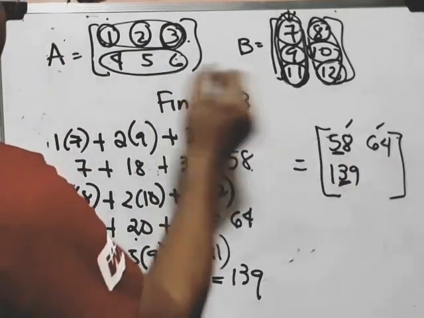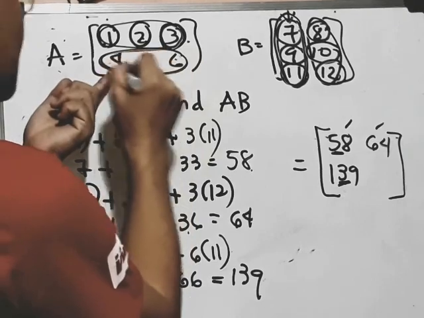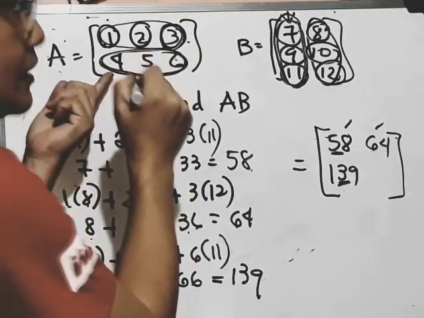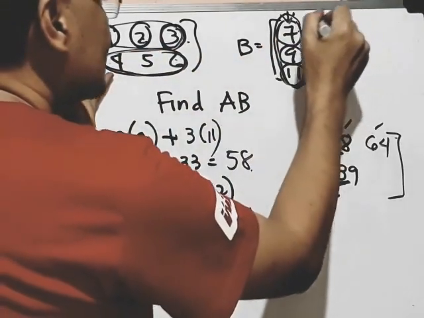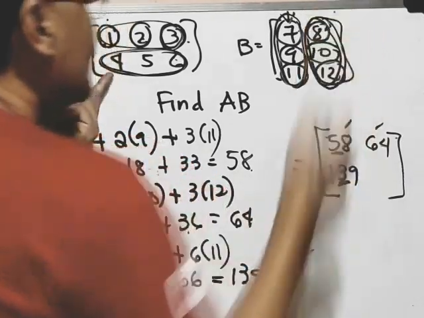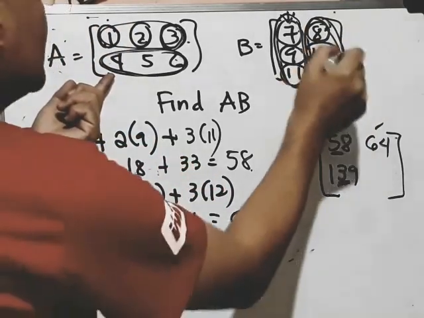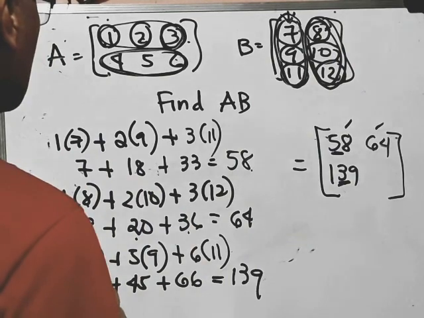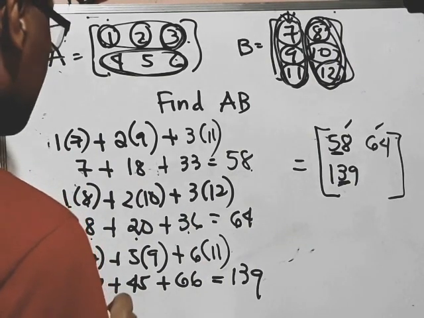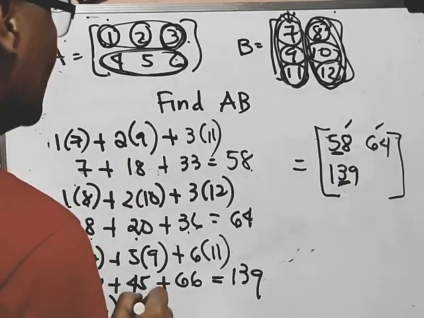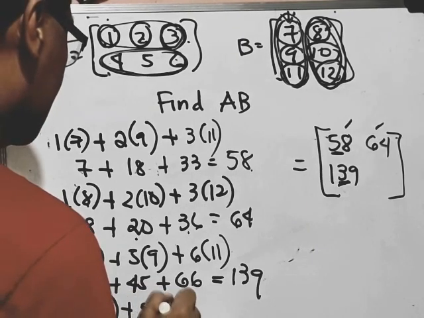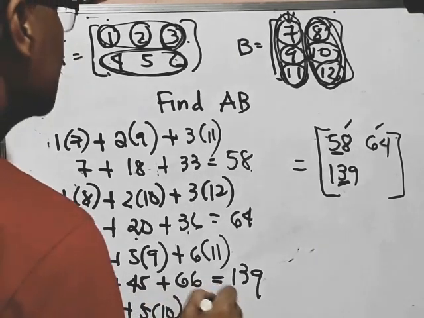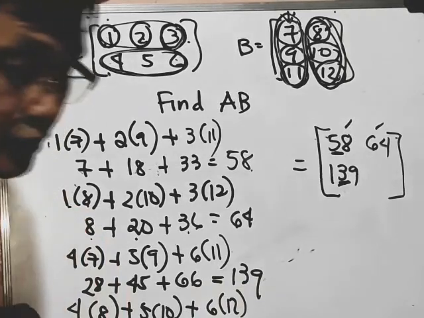Yung pinakahuli, yung row 2 ng A, imumultiply natin sa column 2 ng B. Tama. So, 4 times 8 plus 5 times 10 plus 6 times 12.